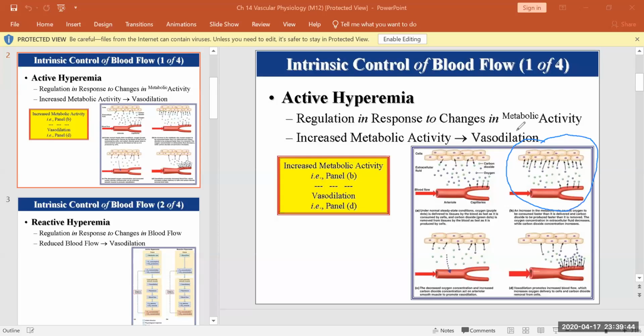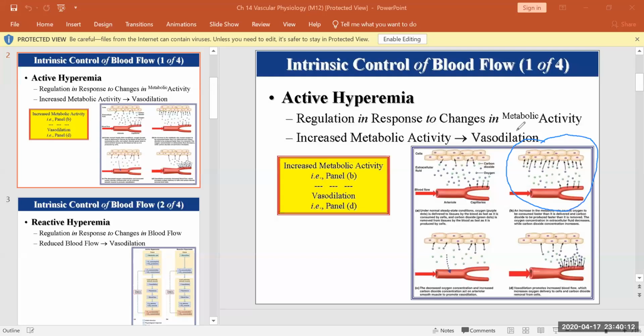So suddenly now the systemic body cells generate more cellular waste, generate more carbon dioxide than the blood vessels can pick up, and require more oxygen due to increased consumption of oxygen, require more nutrients than the blood vessels can deliver.